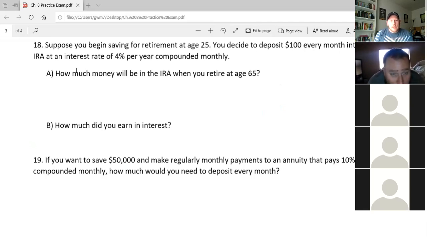So this is an annuity. You are depositing every month and you're trying to accumulate savings. That is an annuity. It is formula number 6 on the formula sheet.